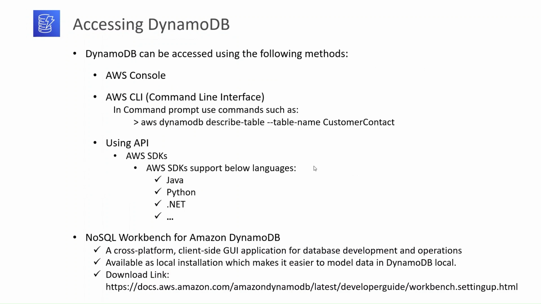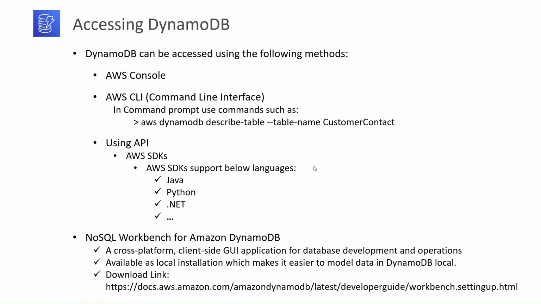Next, let's see how we can access DynamoDB. There are various methods to access DynamoDB. One is through the AWS console. Next, AWS CLI commands, such as aws dynamodb describe-table with the table name.